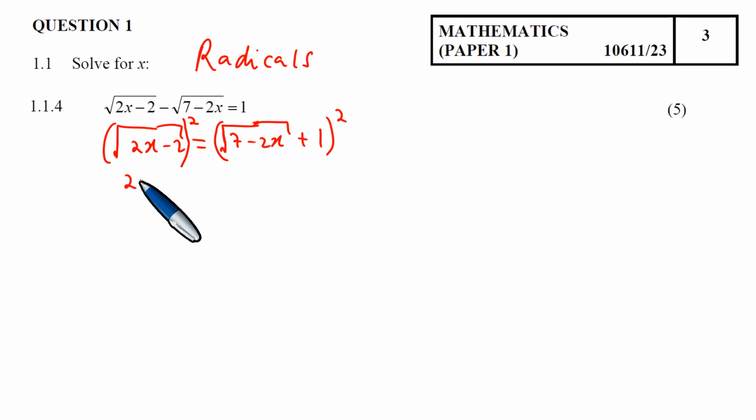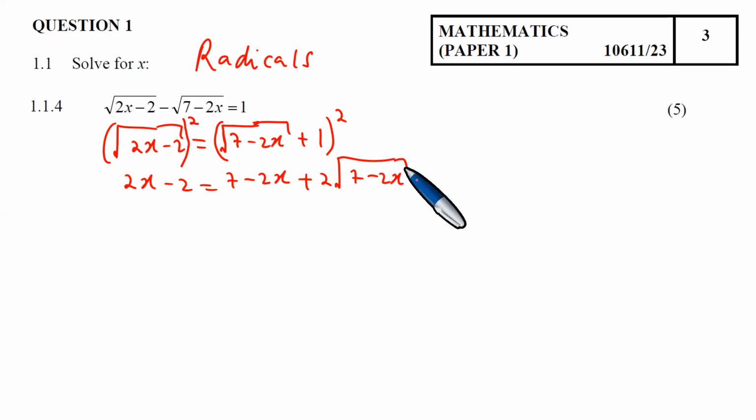And what we get here is 2x minus 2. If you square the square root, it becomes 7 minus 2x. The next thing is this times that, which is plus 2 times the square root of 7 minus 2x, and then you square the 1, which becomes plus 1. This is true because if you have a plus b and you square it, it is a squared plus 2ab plus b squared.